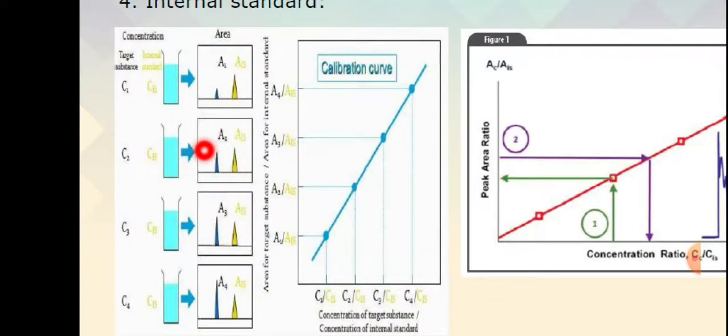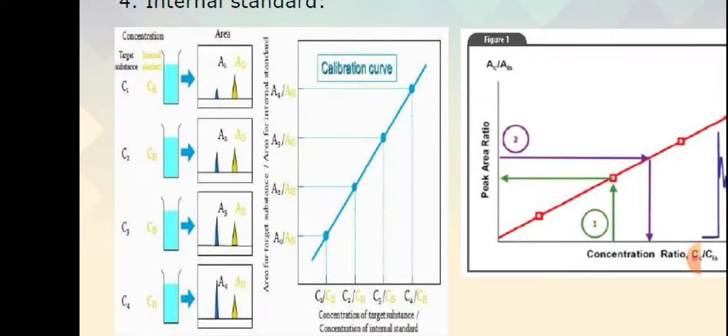Because of the concentration, we can see the peak height and peak area has increased in this blue peak, whereas in this yellow peak the peak height as well as peak area is constant, because in all these dilutions, whether it is 10 or 20 microgram, we have added a fixed concentration of internal standard.